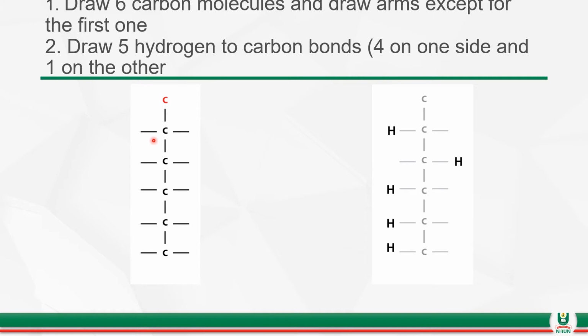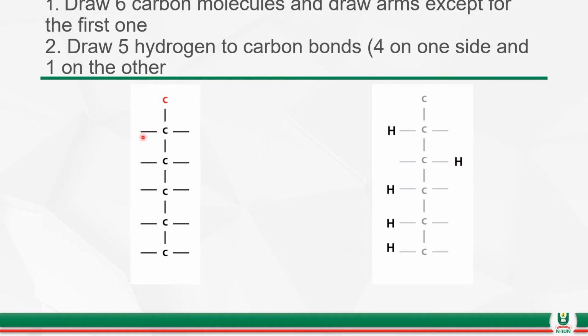So for glucose, it has 4 hydrogen atoms on one side and on the other side 1 hydrogen atom.